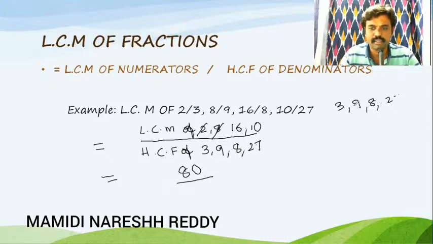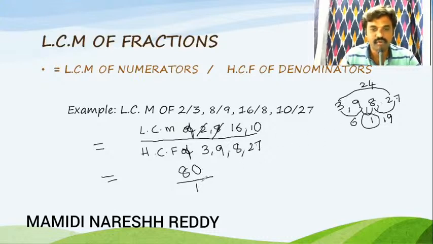To find the HCF, we need to take the difference of each two numbers. 9 minus 3 is 6, 18 minus 9 is 9, and 27 minus 18 is 9, and 27 minus 3 is 24. So here we need to select the least difference. The least difference is 6. So we have to take it as HCF of 3, 9, 18, 27.